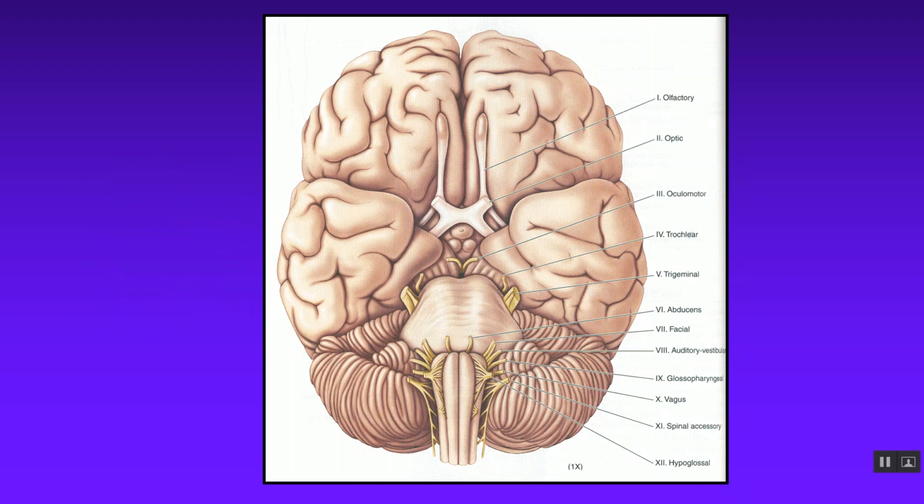All I want you to appreciate from this picture, and you don't have to memorize, is you have 12 pairs of cranial nerves, and that's these yellow structures, except you have the olfactory and optic nerves up here.